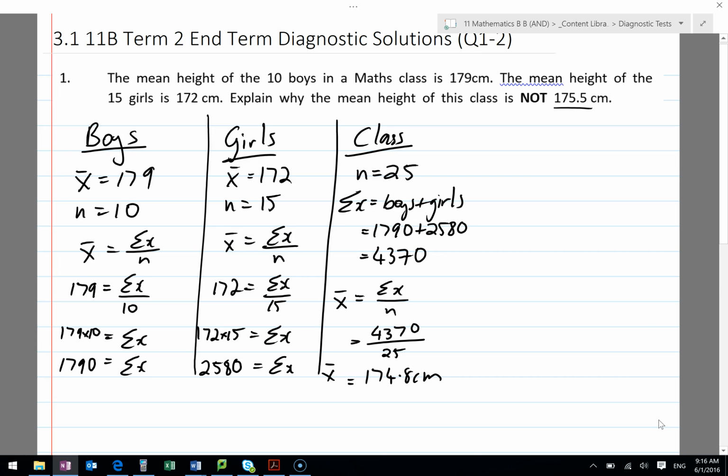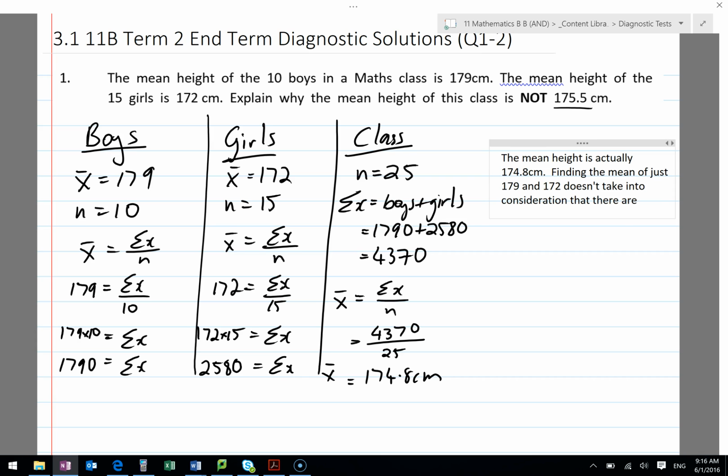So I can write a little explanation here if I want. I could say the mean height is actually 174.8 centimeters. Finding the mean of just 179 and 172 doesn't take into consideration that there are more girls than boys in the class.